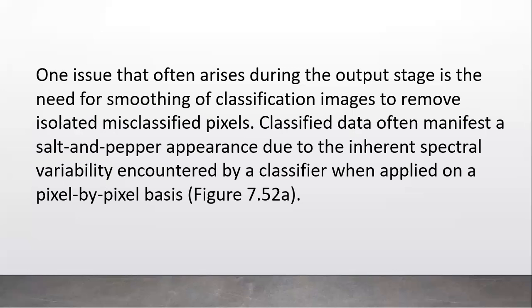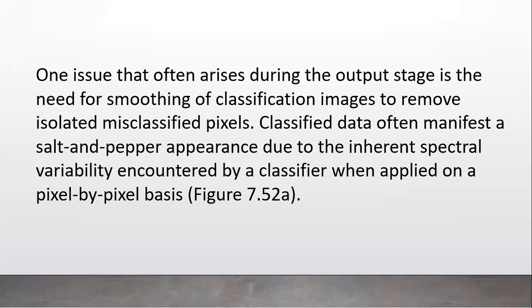Salt and pepper appearance means something like black and white and a gray color appearance, due to the inherent spectral variability encountered by a classifier when applied on a pixel by pixel basis.